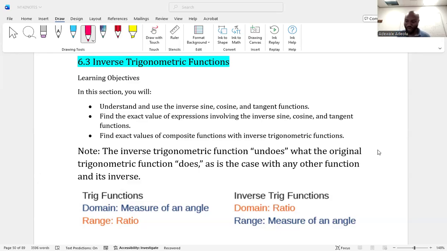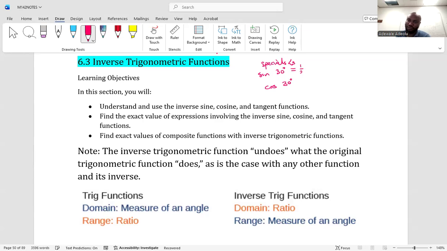So far, we have been doing one thing, and that is looking for the trig values of special angles. For example, 30 degrees, we look for the sine of that. Cosine of 30 degrees, we look for the value of that.